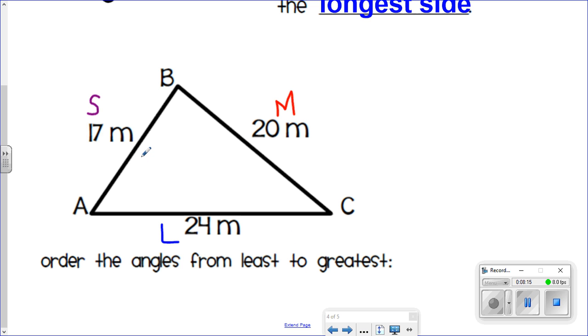So in order to find the smallest angle, AB, this one that's 17 meters, is our smallest side. And so we're just going to look for the angle that is opposite it or across from it, which would be here, which is that angle C. So angle C has to be the smallest. So if we had to order the angles from least to greatest, angle C is the smallest.